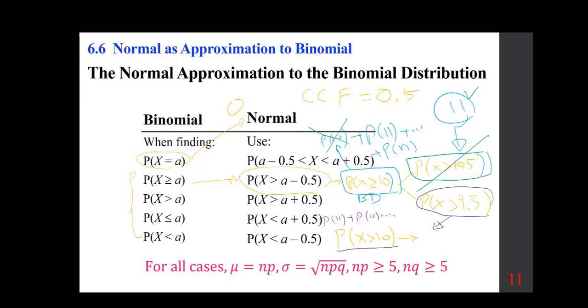Why not? Because the very first discrete number is 10, but we need 11. And because of that, you change it to a normal distribution, x is larger than 10.5. Here you don't have to memorize this. Understand, you look at the endpoint whether it's going to be included or not. That's all there is to it. It becomes more clear as we look at a couple of examples.